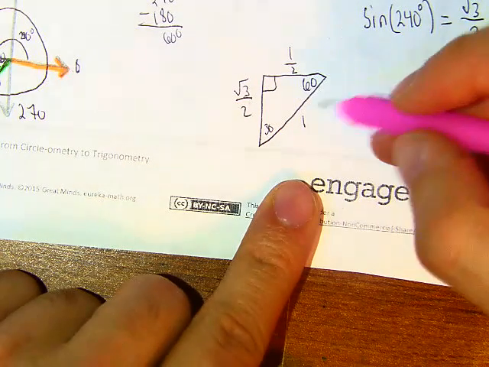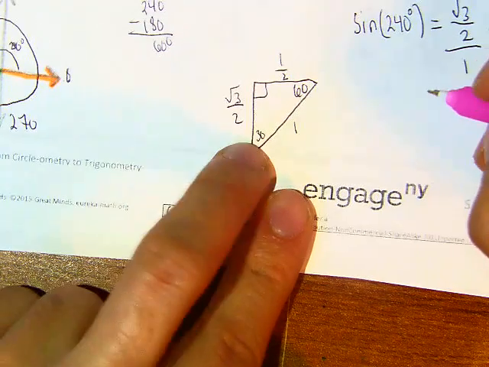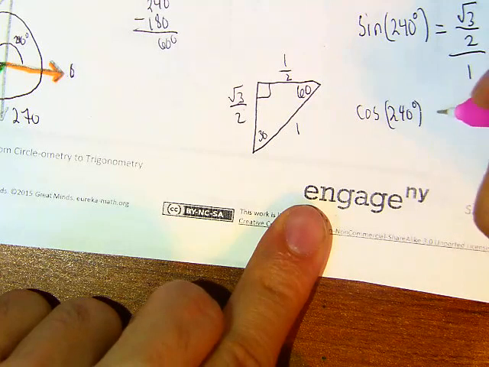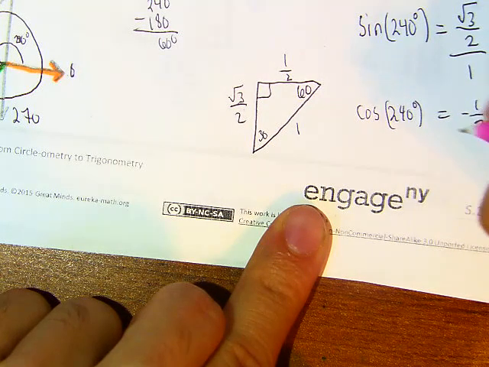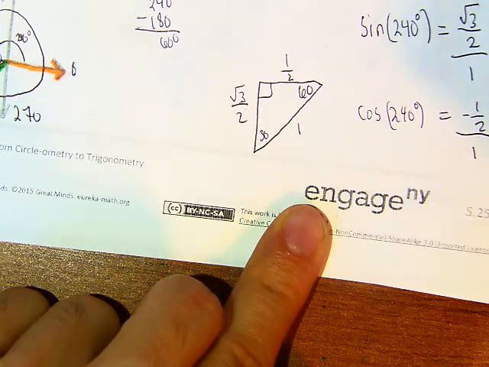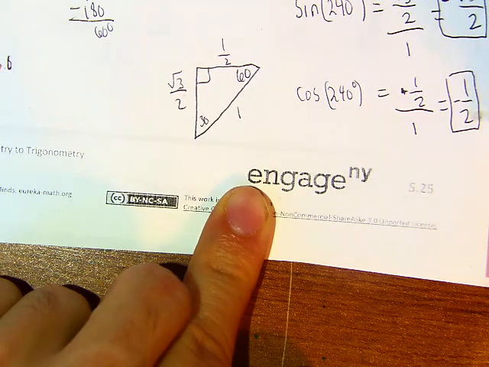Our cosine theta will be this adjacent over the hypotenuse. So cosine of 240 will just be negative a half divided by 1, which is equal to negative a half. If you don't want to write the 1, that's okay. It should be negative because it's in quadrant 3.